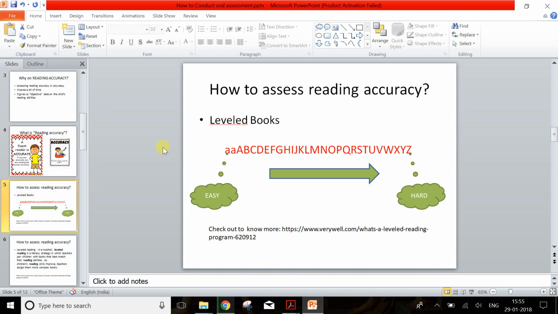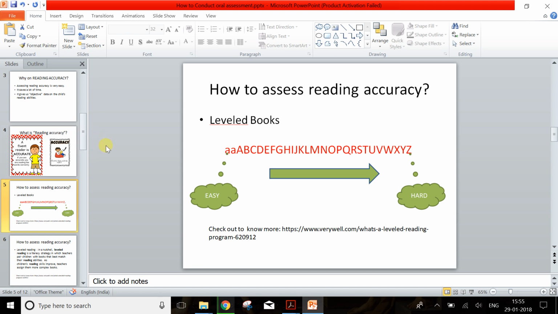Is through level books. There are a lot of research done and there are gradations of text. When we say if the child is able to read, we use the term very vaguely. So even reading Shakespeare is reading, ABCD is reading. So there are books from easy to hard.